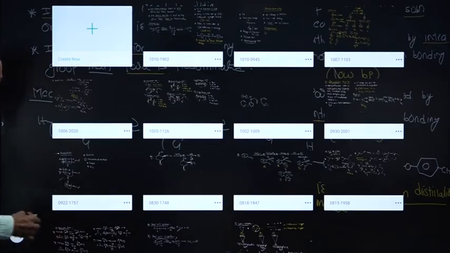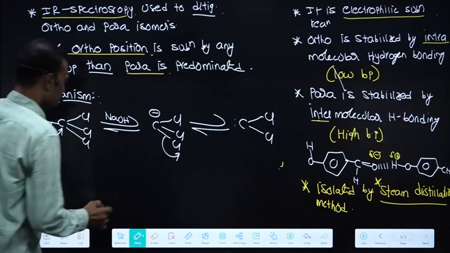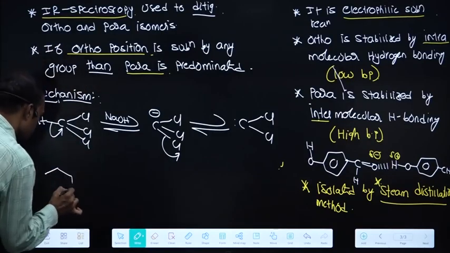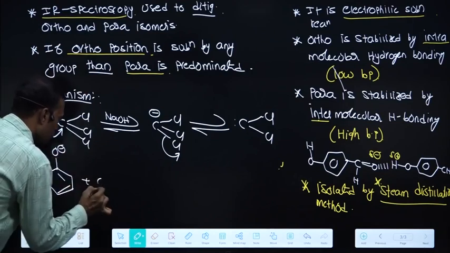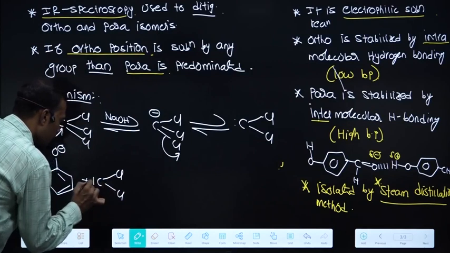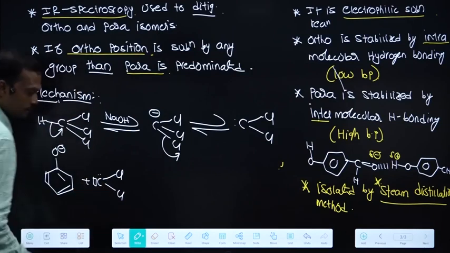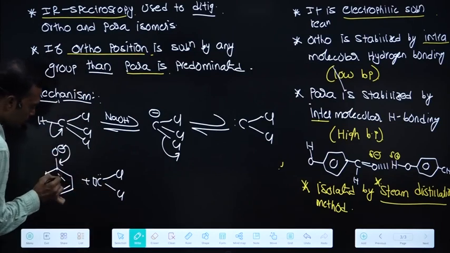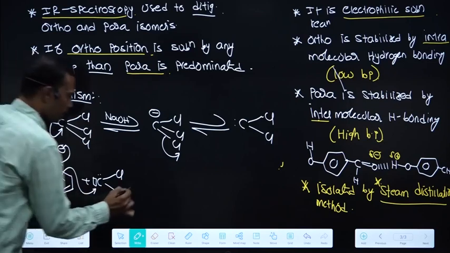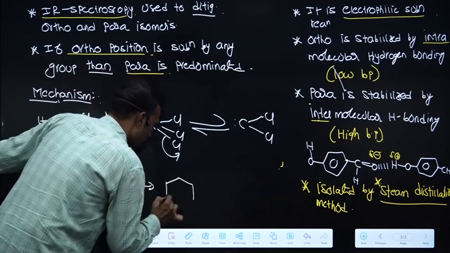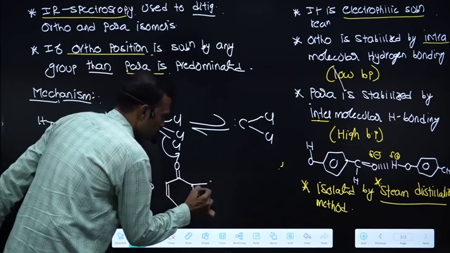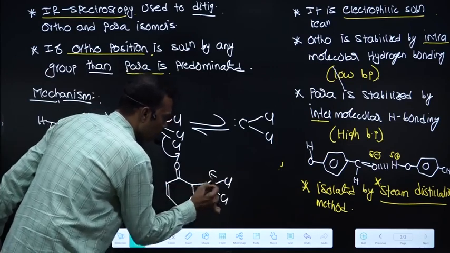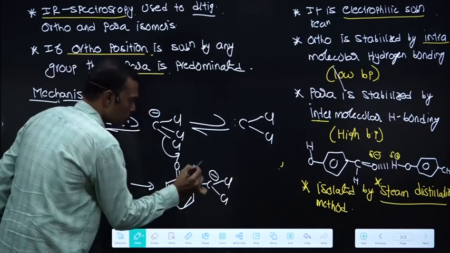After getting this intermediate, it is going to react with phenoxide. This is a phenoxide. Now the carbon carries an empty orbital and 2 electrons. This will directly attack the ortho position, and this carbon carries a double bond to O. Now this carbon carries 2 chlorines and bears a negative charge, and a hydrogen atom is present here.